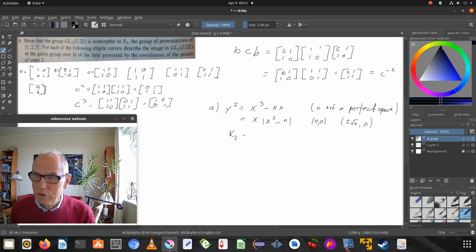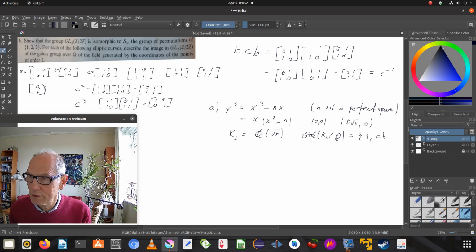so K2 equals the rational numbers extended by square root n, and we have 1. So it's of order 2, so we only have 2 elements in the Galois group. The identity, and then the change of sign.